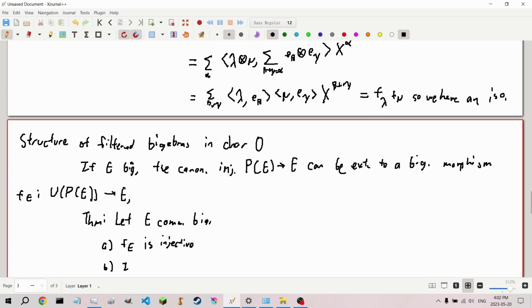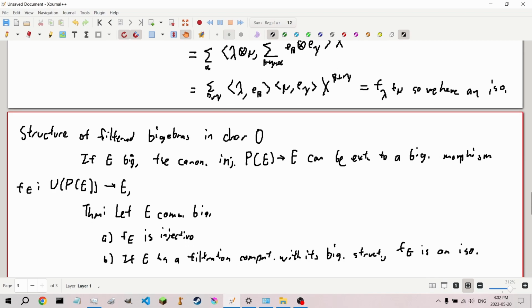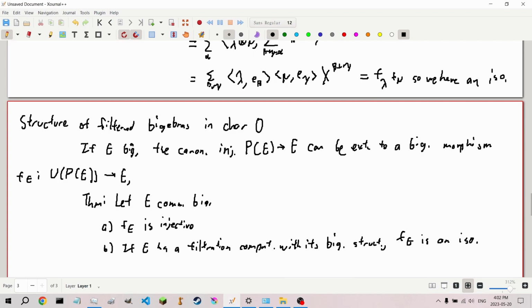Part B: if E has a filtration compatible with its bigebra structure, Fe is an isomorphism. It's surjective, essentially. In case B, E is therefore identified with the enveloping algebra of the Lie algebra of its primitive elements.